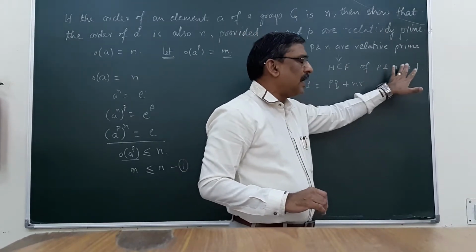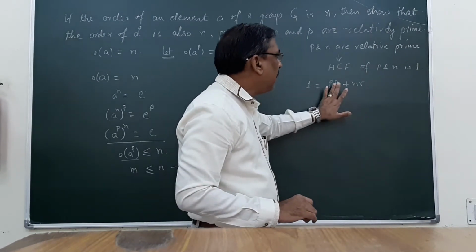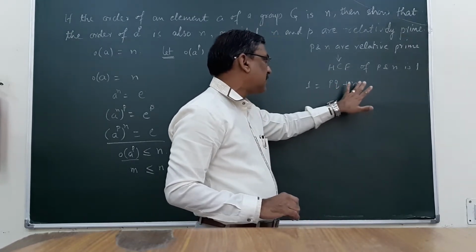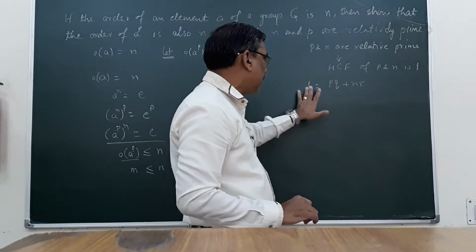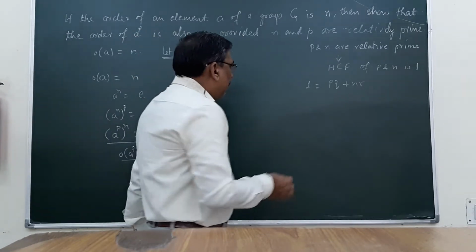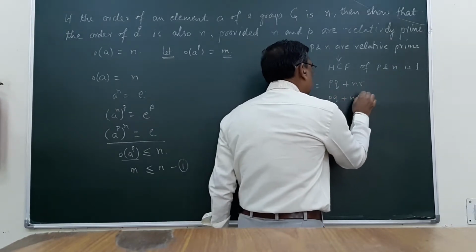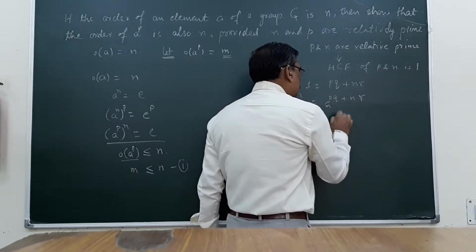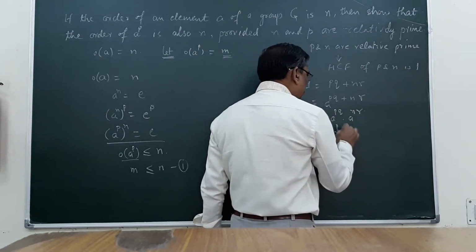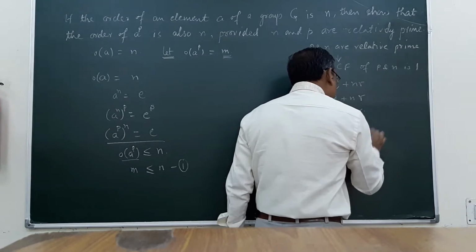Since the HCF of p and n is 1, I can write 1 as a combination of p and n in such a way that there exist q and r for which this result will be equal to 1. For HCF, we can see this from number theory. Now let us consider a raised to the power 1, which is equal to a raised to the power pq plus nr. This I can write as a raised to the power pq into a raised to the power nr. This I can write as (a^p)^q and (a^n)^r.